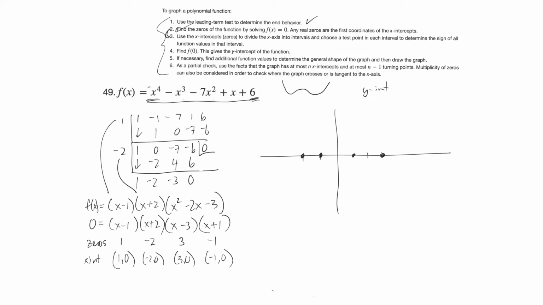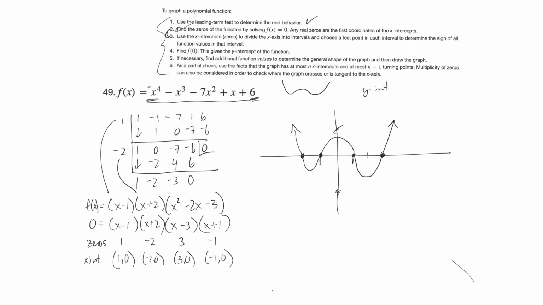What I could do is find the test value in between, say, this point and this point. I want to know if it's up here somewhere or down there somewhere. Really, by the graph, I'm thinking that the graph goes something like this. And that's what it's going to look like.